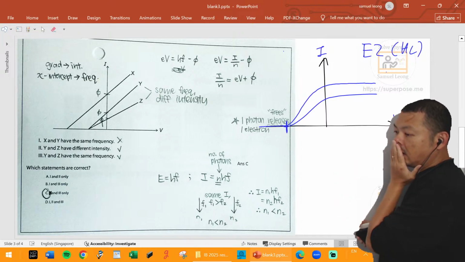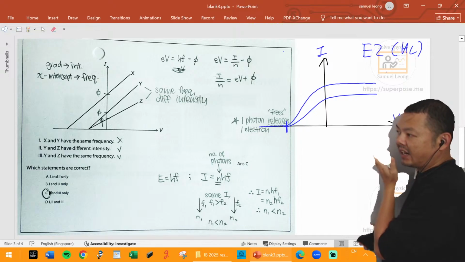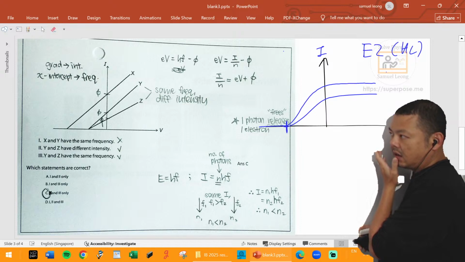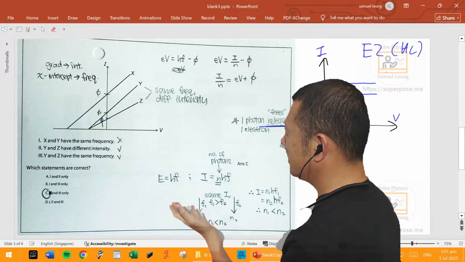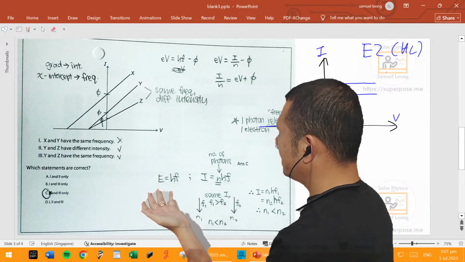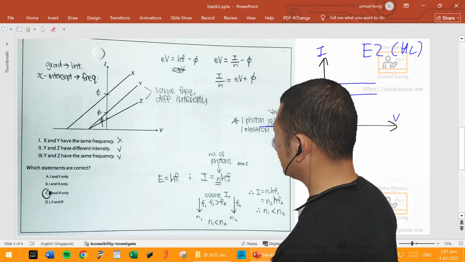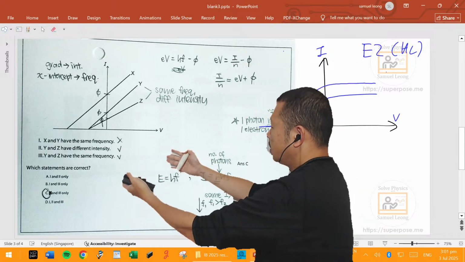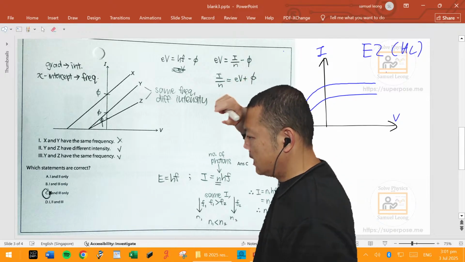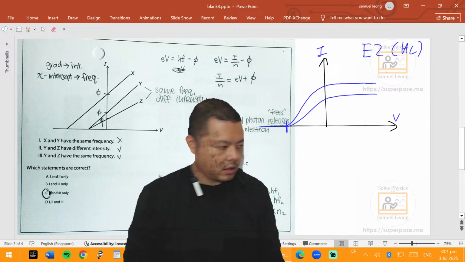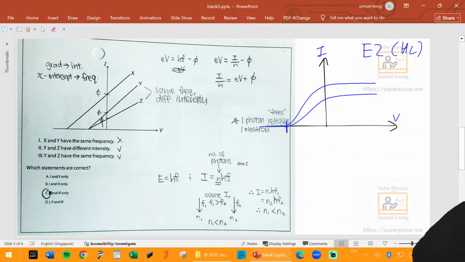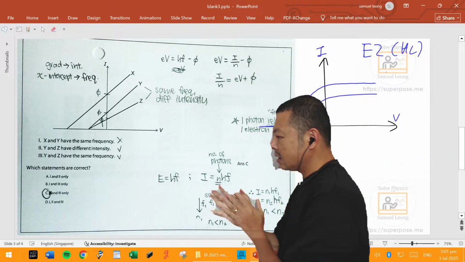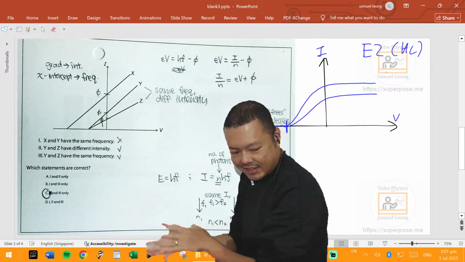The axis is current, not intensity. It's current. But again, my point is that this thing is still wrong.